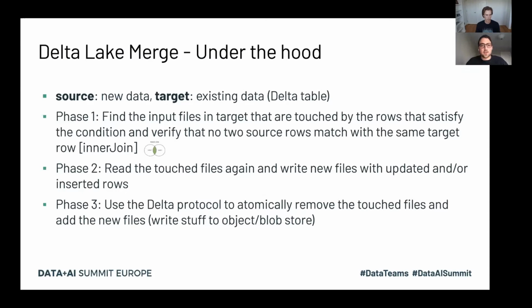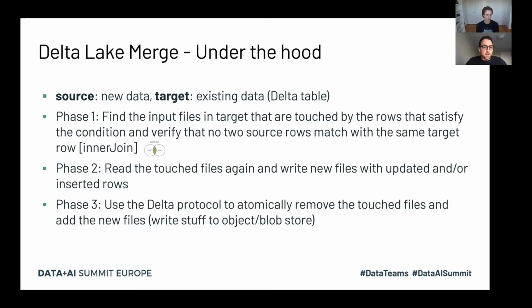So under the hood, what does this Delta Lake merge strategy look like? There's three phases, and there are really two elements. The first element is a source, that is the new data set, that's the terminology we're using. And the other element is the target, the existing data, and that's the actual Delta table.